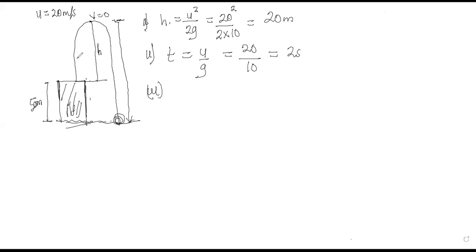So if this is h, let's take this to be capital H. So total distance would be equal to maximum height plus capital H. Maximum height we know is 20, but capital H we don't know. So let's determine that.